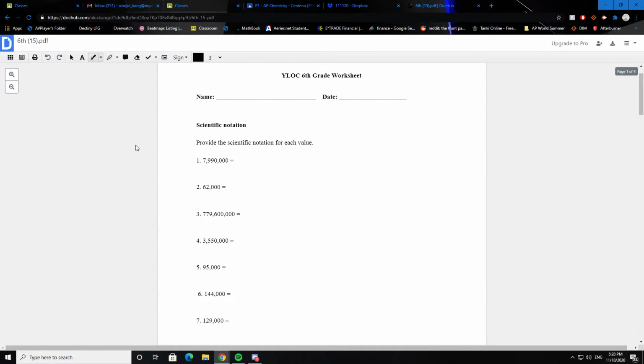So scientific notation. What scientific notation pretty much just looks like is some number, so let's just say 7.44 times 10 to the 4th power. The 10 to the 4th power is the amount of zeros it takes, it's pretty much erasing the decimal.